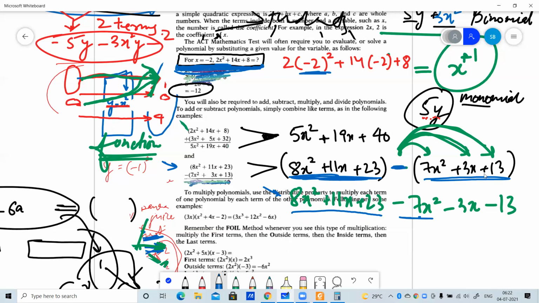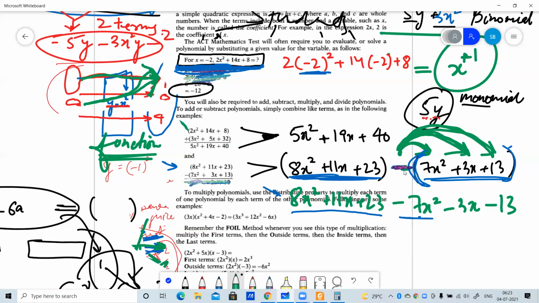7x squared plus 3x plus 13, right? Now this negative sign is outside the second polynomial. In order to open this parenthesis, I'll just multiply this negative to every term in the polynomial.